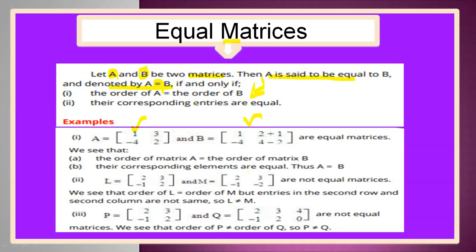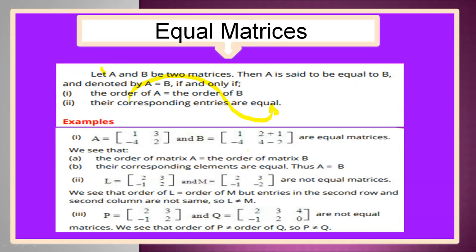If this matrix has 2 rows and 2 columns, the other should also have 2 rows and 2 columns. And what about the next condition? How should they be equal? Their corresponding entries should be equal.